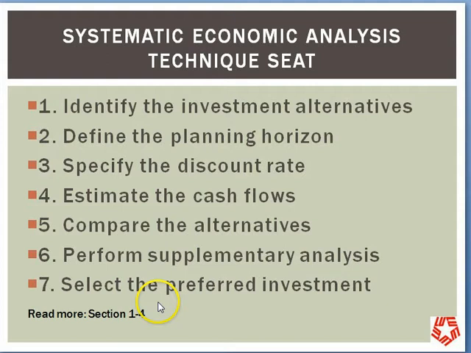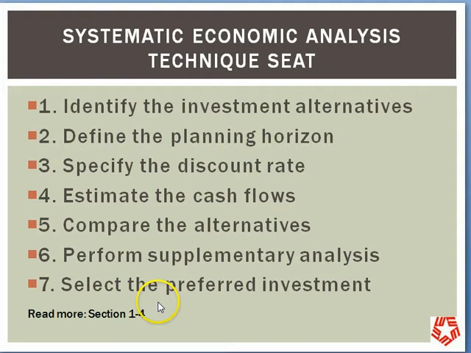Number 3 is to specify the discount rate, and that is the time value of money that we want to use for purposes of the economic evaluation. Number 4 is to estimate the cash flows, and that is a time-consuming process of making forecasts of what the cash flows in the future will be.